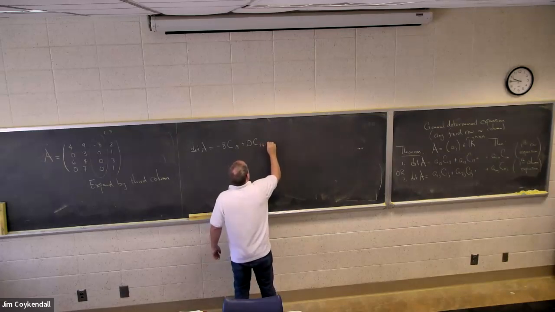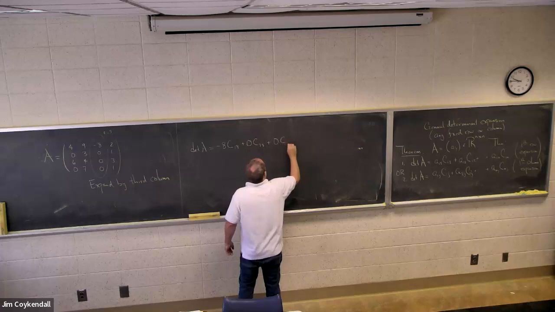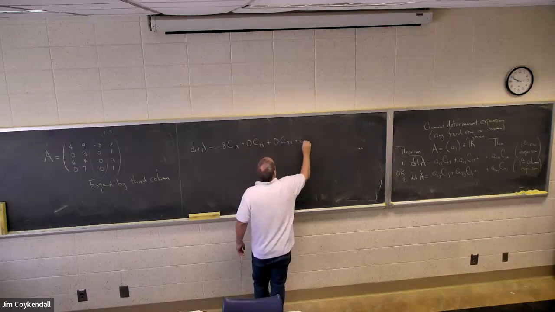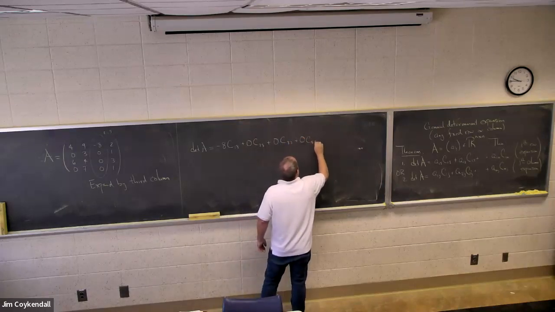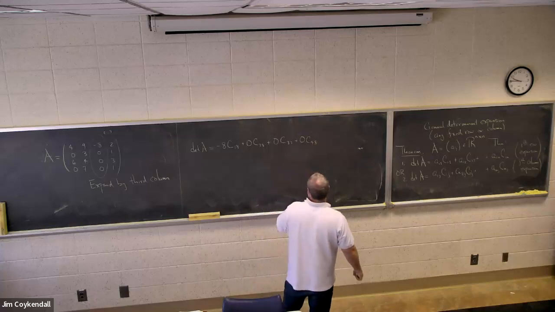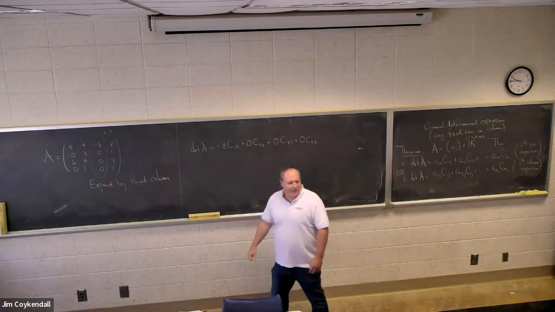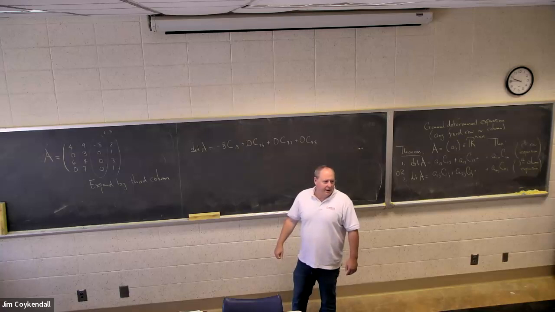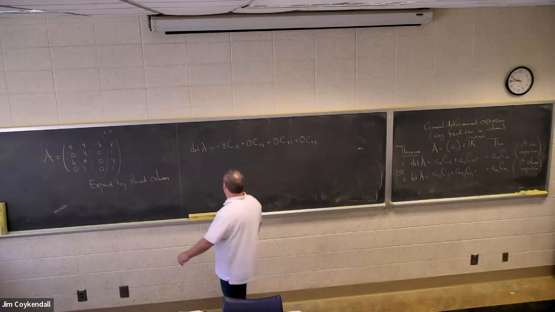Second row, third column. Third row, third column. Fourth row, third column. Everybody okay with that? And it's so full of zeros, this is a bloodbath. So this is kind of cool.